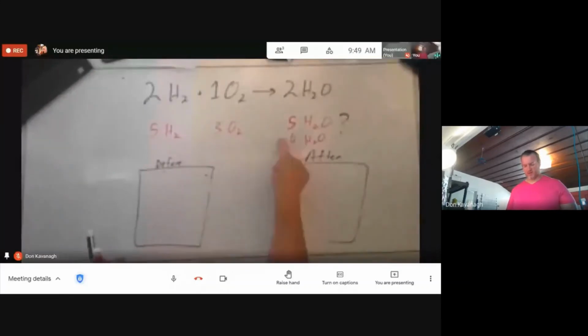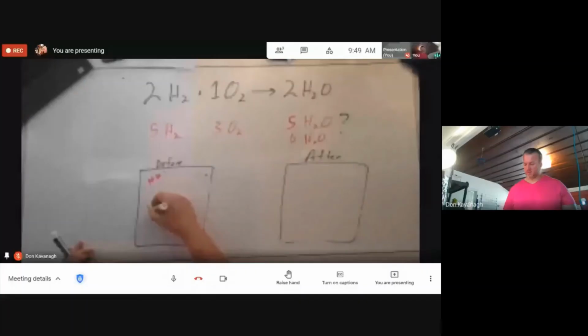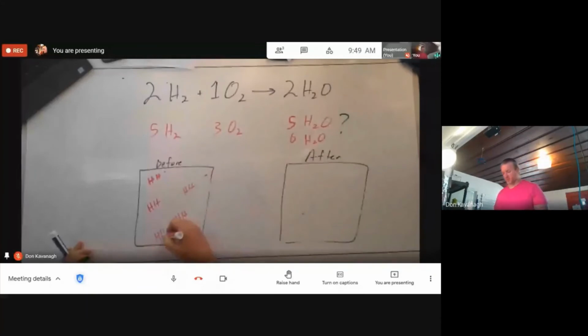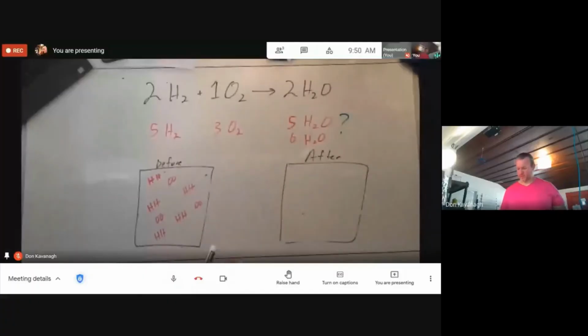I'm going to put down H2, 5 of them, just randomly splattering them around the container, and then 1, 2, 3 O2s. So if 1 water is produced, H2O, that would use up 2 hydrogens and 1 oxygen.